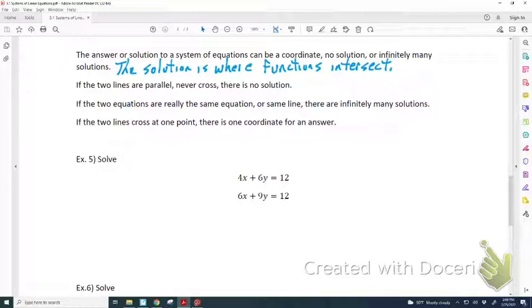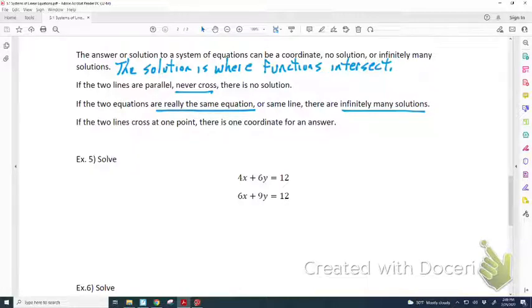If I have parallel lines, they never cross. There's no solution. If I have two equations that are really the same equation, they're constantly on top of each other, so it's infinite solutions. So there's two different weird scenarios there.